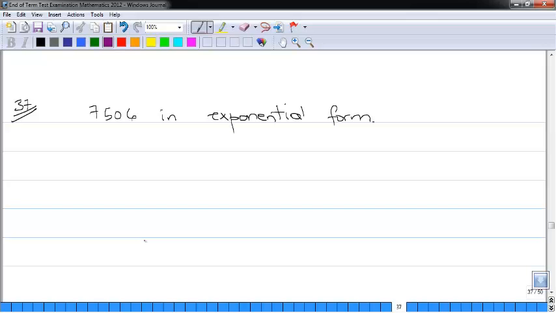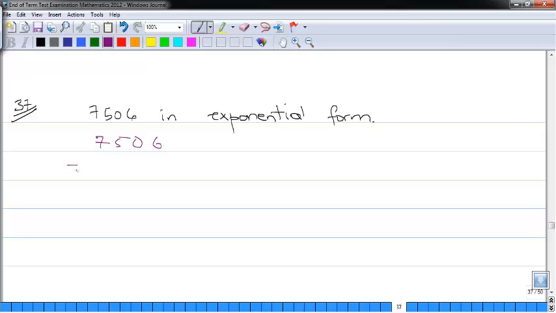Number 37 says, what is 7,506 written in exponential form? So let's have 7,506 written in expanded notation.